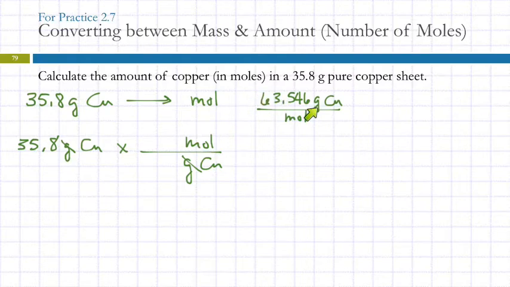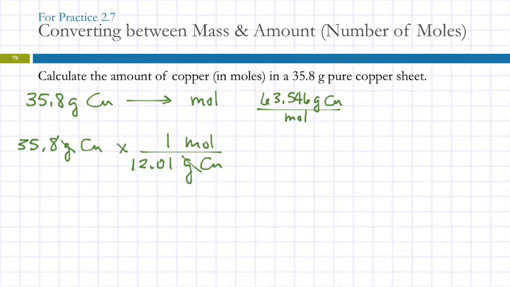So the number is with grams, because it's always grams per mole. Just like a speed, you're always saying, well, it's 55 miles per hour, or 60 miles per hour. You don't say 1 mile per 60th of an hour. It's always the 1, right? So 1 mole, and then the number goes here. Sometimes the number's in the bottom, sometimes it's in the top. The number goes with grams.